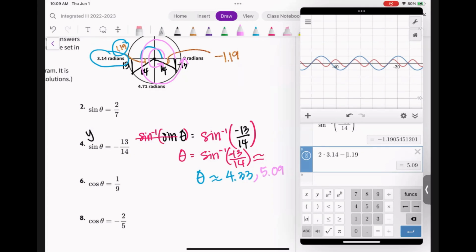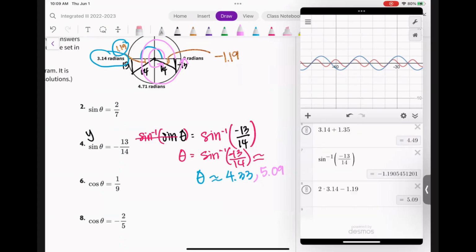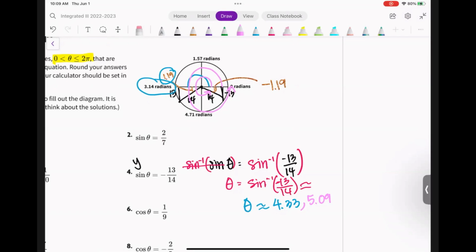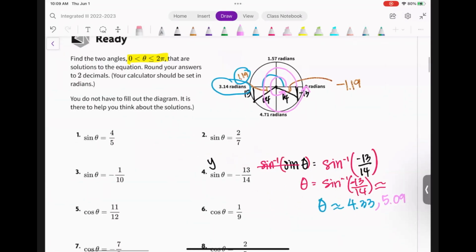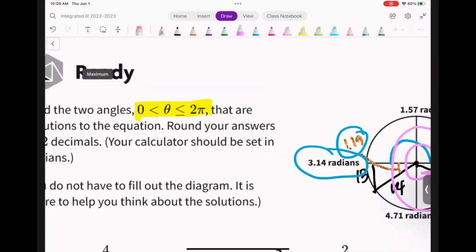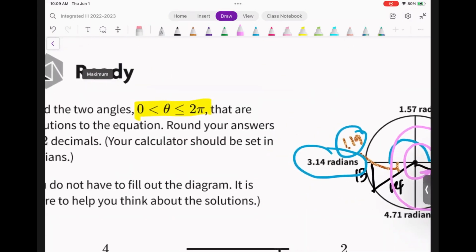So what did we do? The first thing we did was draw our triangles out because we needed to know how many angles we were looking for. They told us it was going to be 2, but later on you want to make sure that you're finding all of them. Then we used the sine inverse to get theta out of sine. When the calculator told me negative 1.19, that is not one of our answers technically, because they told us to use the interval from 0 to 2 pi.